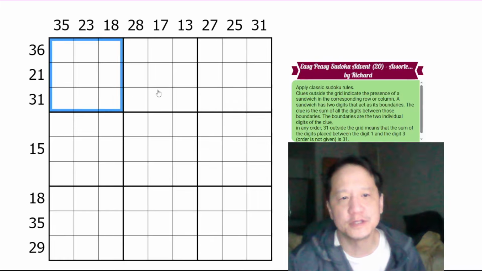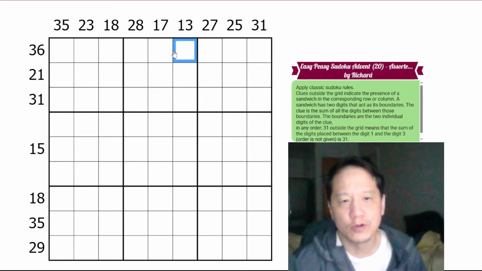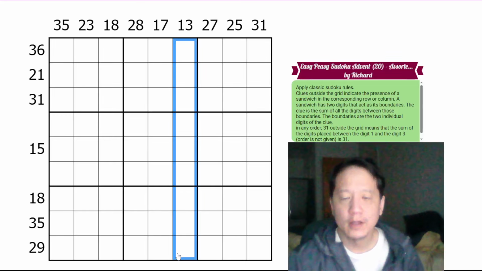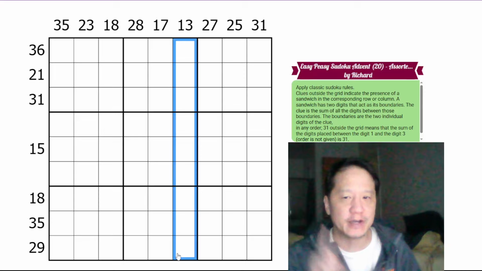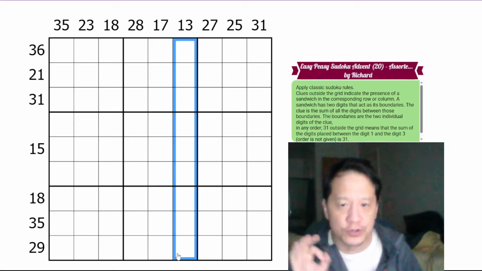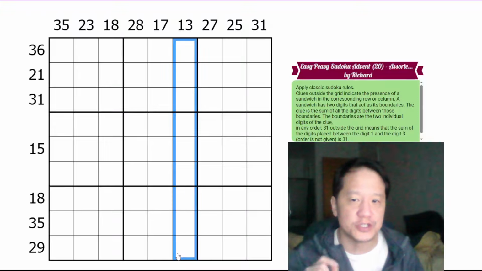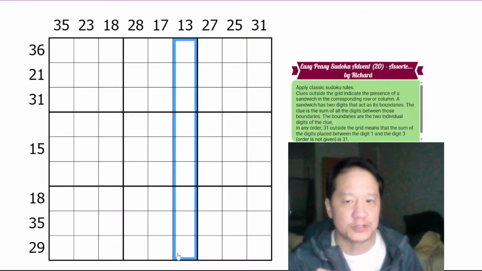Clues outside the grid indicate the presence of a sandwich in the corresponding row or column. A sandwich has 2 digits that act as its boundaries. The clue is a sum of all digits between those boundaries.